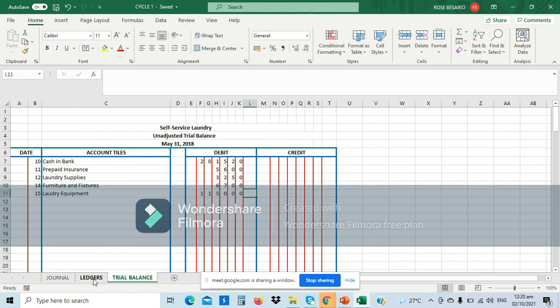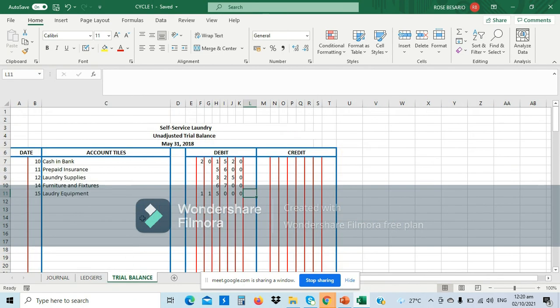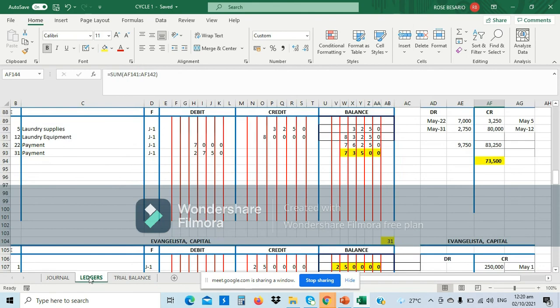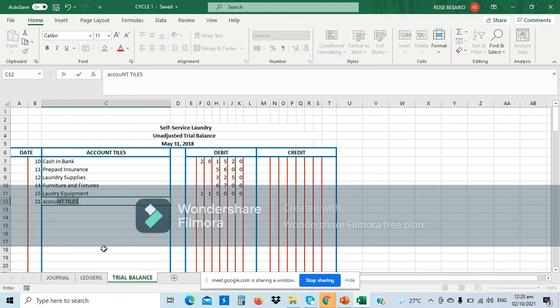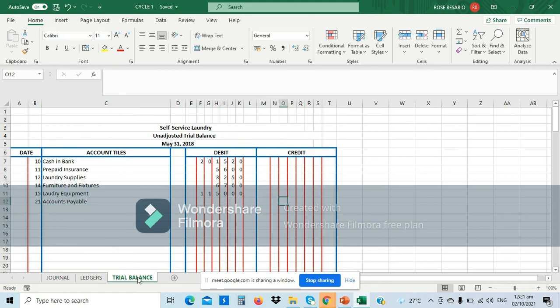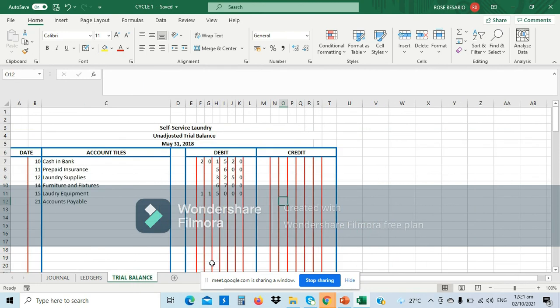Okay, and then after that we'll have accounts payable, 73,500 credit. This is number 21. Accounts payable, credit of 73,500.